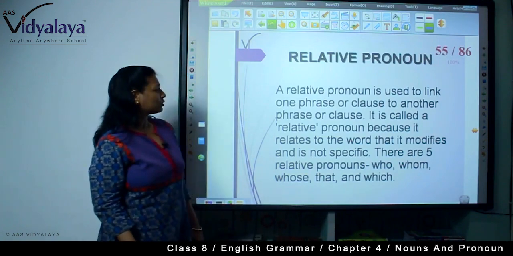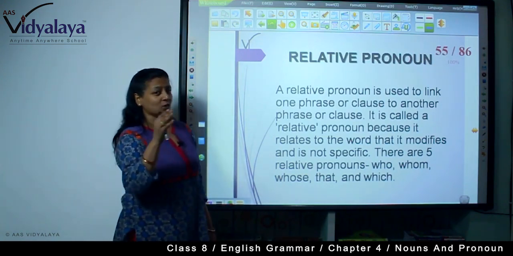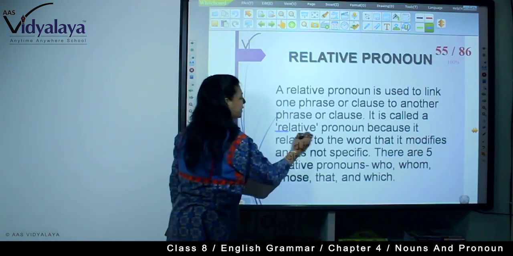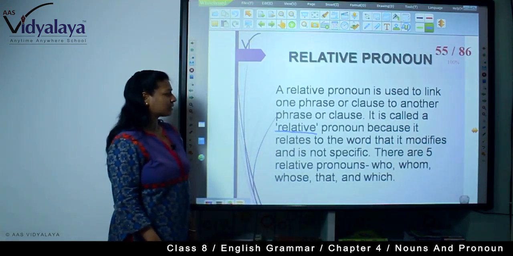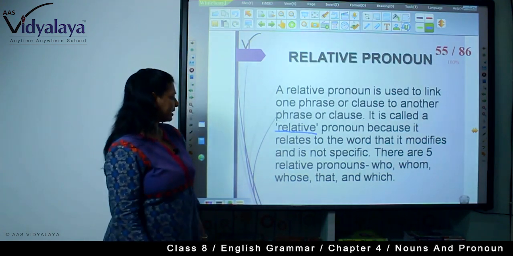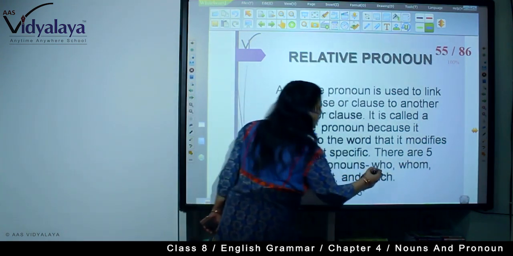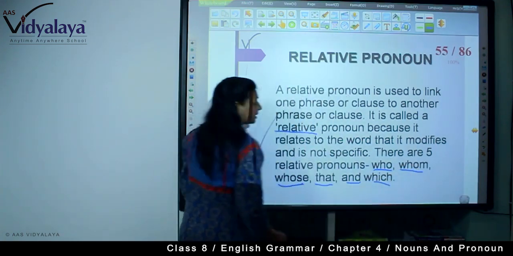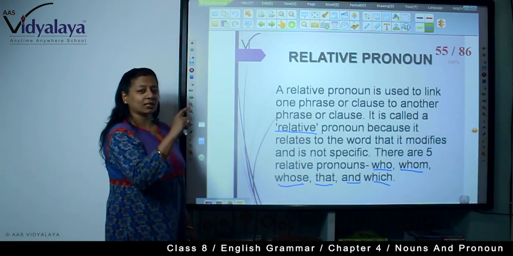Now, relative pronoun. A relative pronoun is used to link one phrase or clause to another phrase or clause. It is called relative pronoun because it relates to the word that it modifies and is not specific. There are 5 relative pronouns: who, whom, whose, that, and which. See, you have seen them in interrogative also.